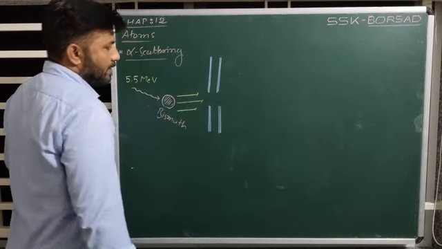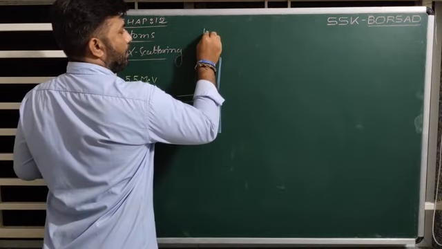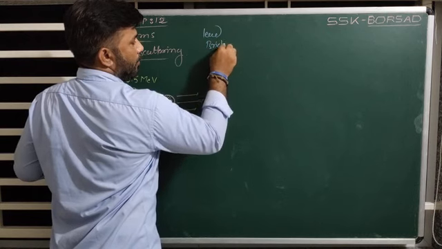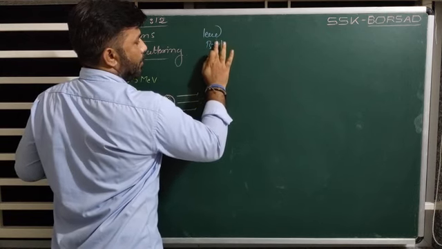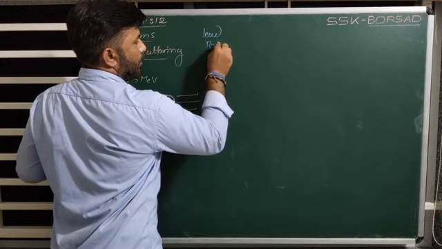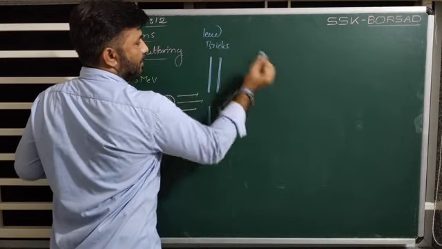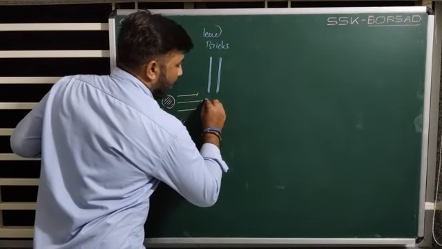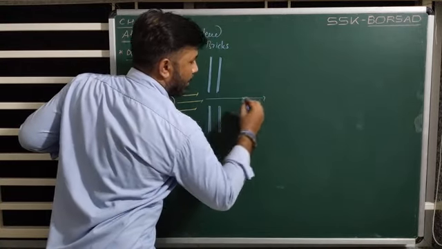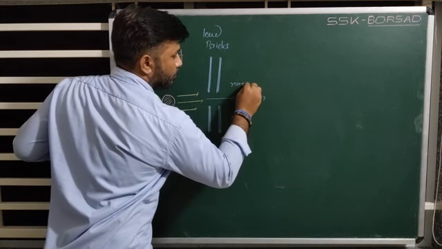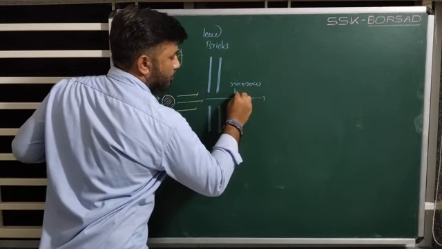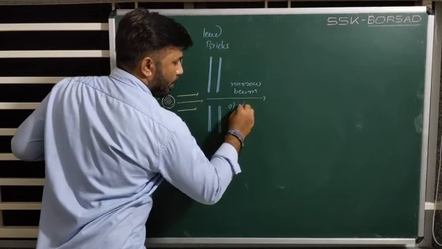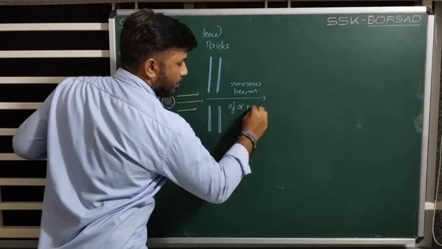So these are the lead bricks which make the alpha particles a narrow beam of alpha particles.